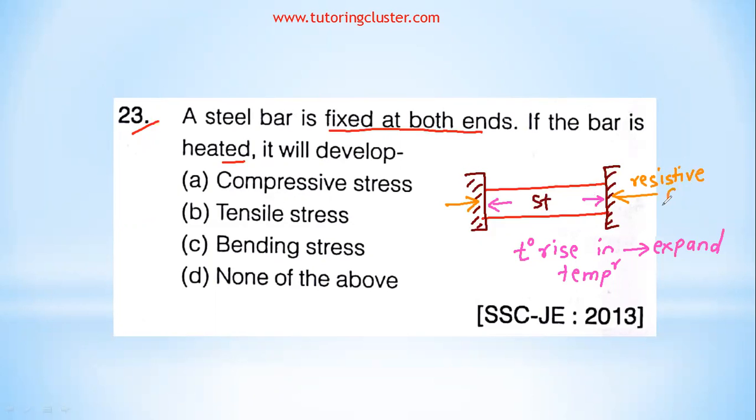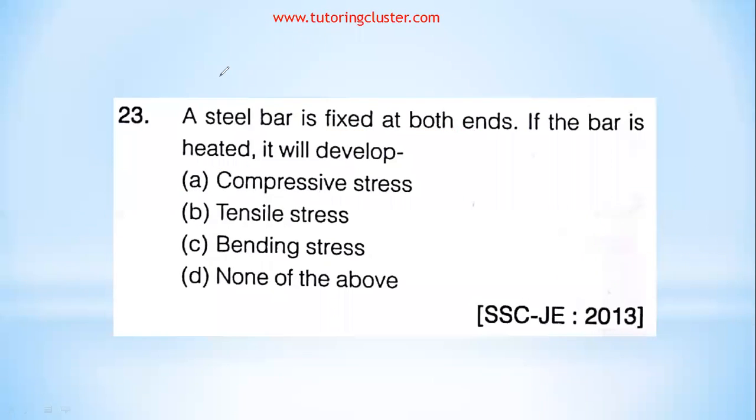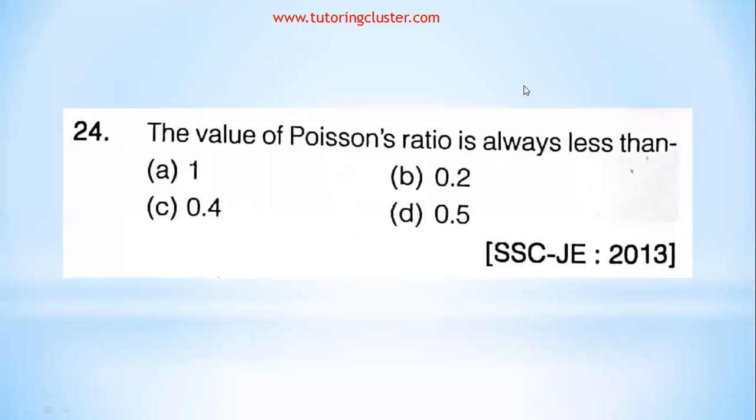So this is the direction of resistive force, and it is going towards the center. So it will be of which nature? It will be compressive in nature. So whenever you heat a steel bar which is fixed at both ends, there will be compressive stresses. Okay, next. So hope you are getting it and hope you are finding this series useful.